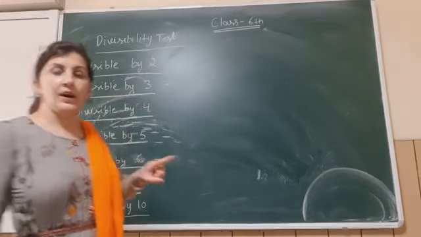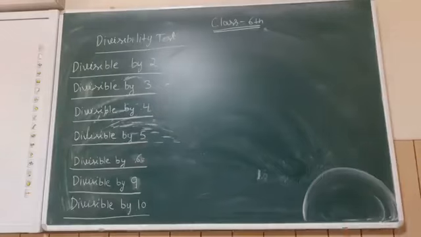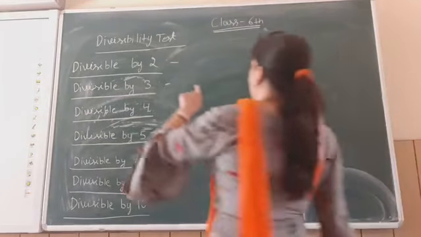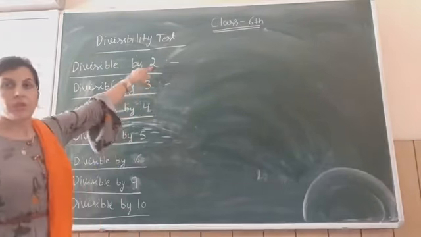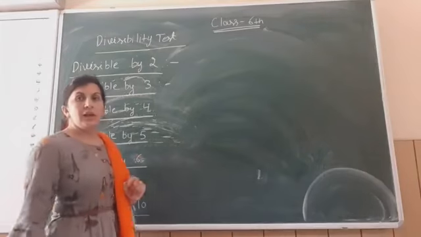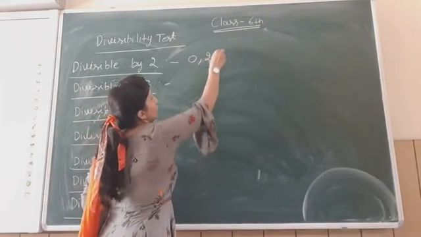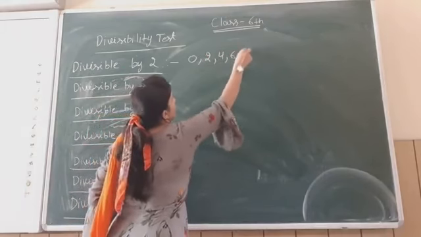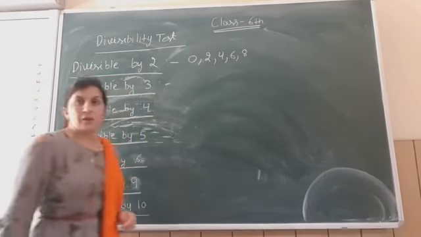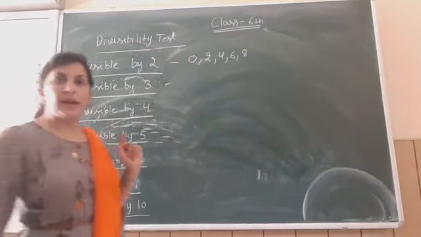How can we find out that a number is divisible by 2? Check if the last digit of a number is 0, 2, 4, 6 or 8. Last digit means at the ones place.